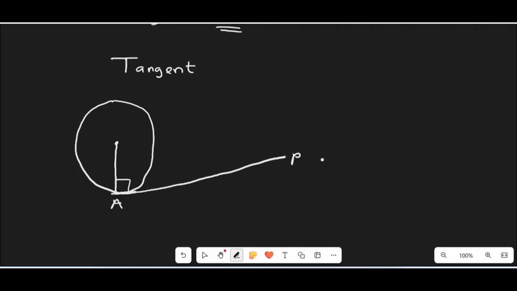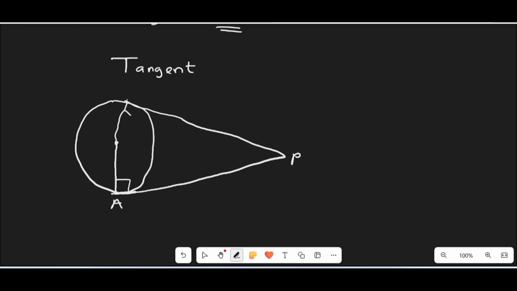Two tangents drawn from the same external point are equal in length. Let us draw another tangent from this external point. This is our radius.